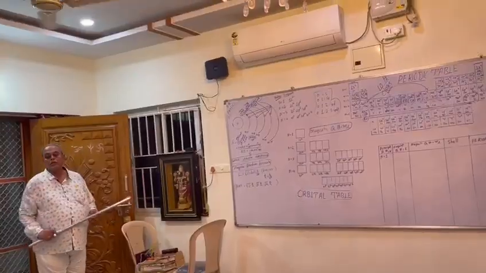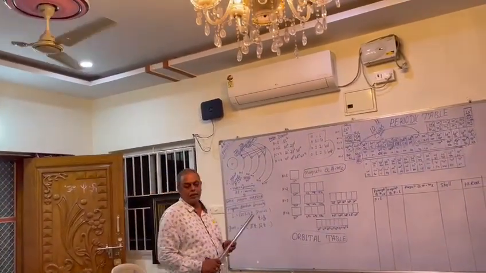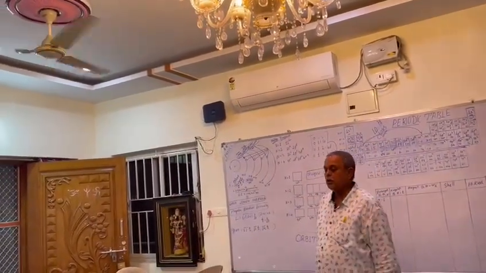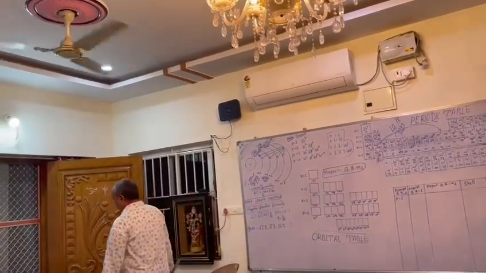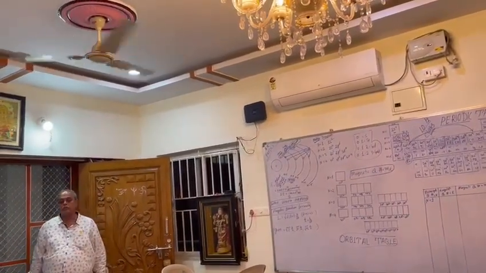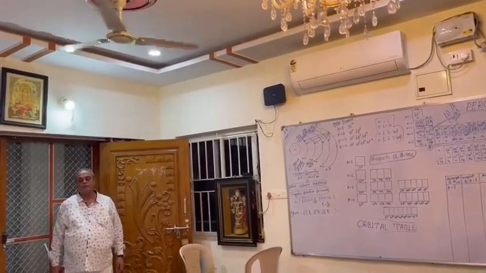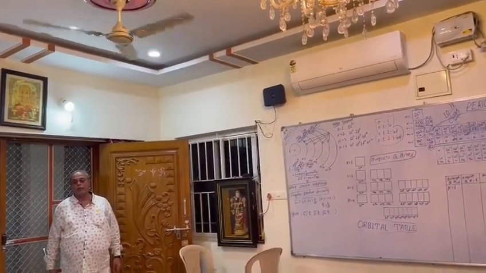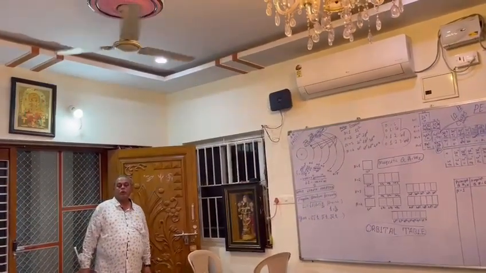In this, the wavelength of red is 656 nanometers, and next orange, yellow, green, blue, indigo and violet.